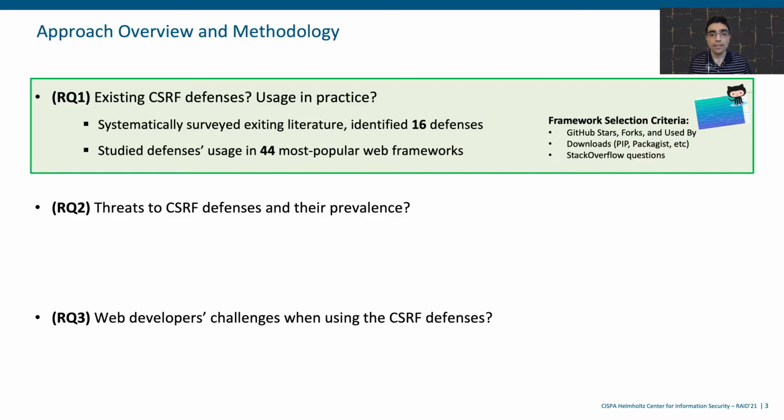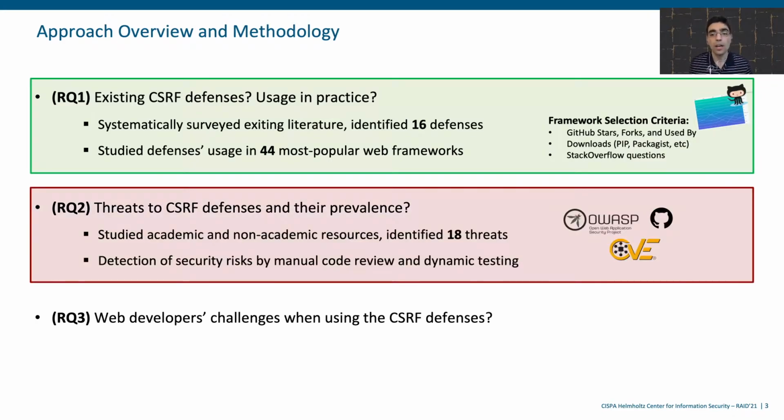Then we identified the threats to CSRF defenses by comprehensively reviewing academic literature, OWASP security best practices, the National Vulnerability Database, and GitHub issues. Now, to analyze the frameworks' source code against these threats, we first manually identified the CSRF-related source code files following control flow insensitive navigation and noted possible entry points for the execution, as well as the CSRF-related security-sensitive functions.